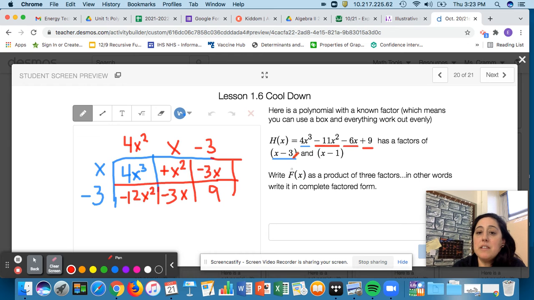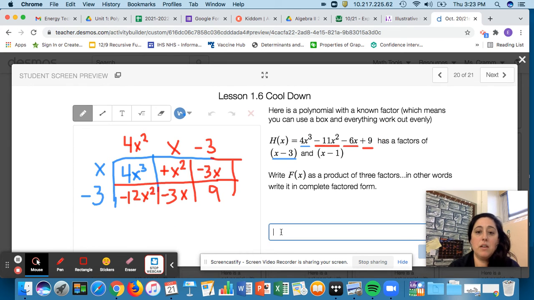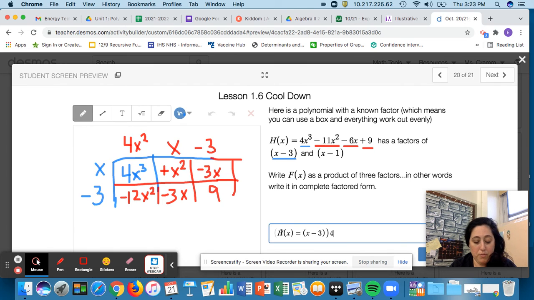So instead of writing it completely out in standard form, I'm going to say it's equal to the factor x minus 3 times the factor 4x squared plus x minus 3.